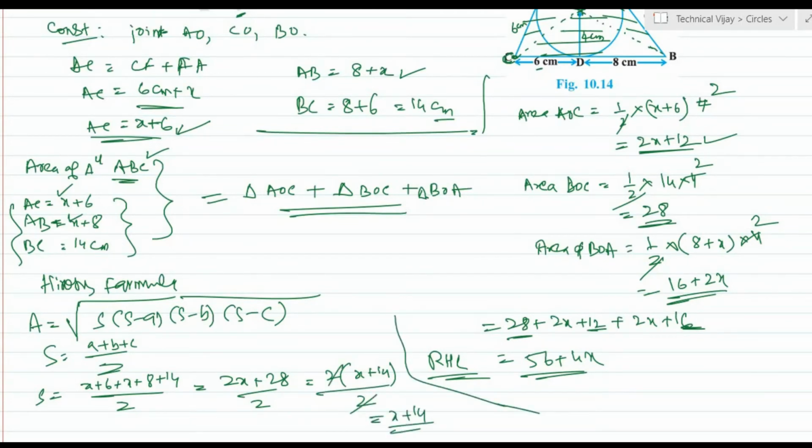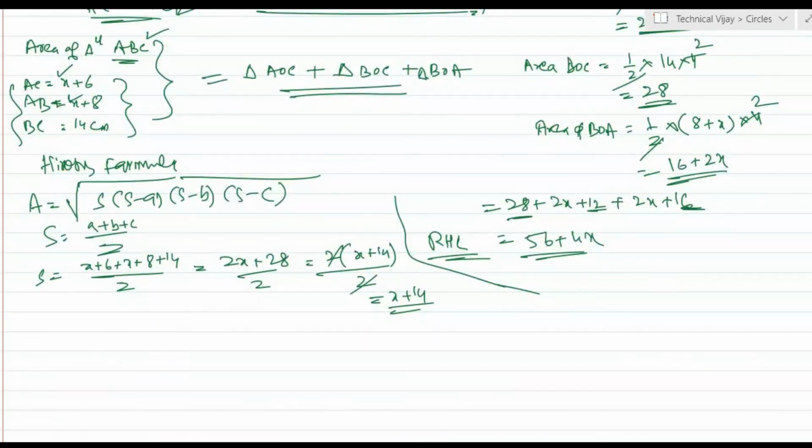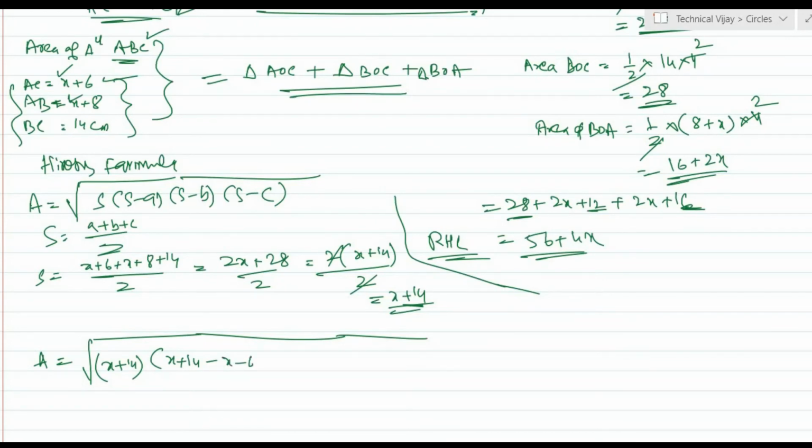Now we will go for the calculation of area. Area is equal to square root of x plus 14, here s minus a, s is x plus 14 minus a, which is x plus 6. So x plus 6 gives x minus 6 because minus of plus will be minus.